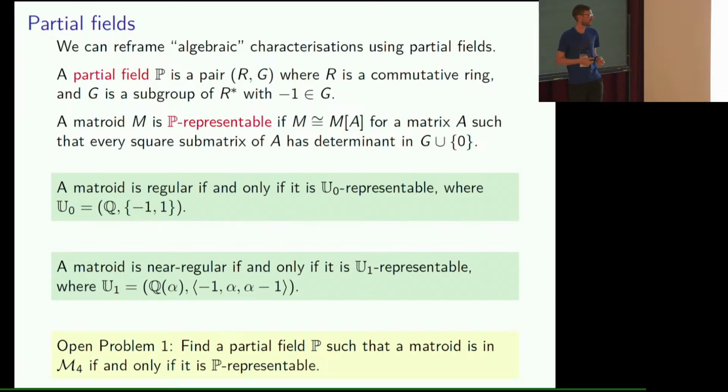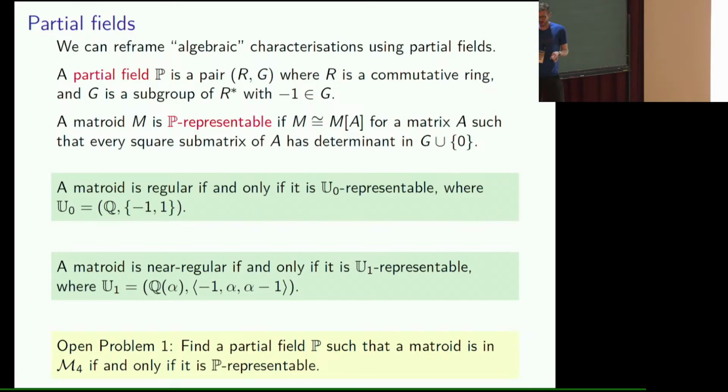So reframing things in this way, we can now talk about regular matroids as being representable over the partial field where we're working over the rationals and we're saying that our subdeterminants are either -1 or 1 when they're non-zero.